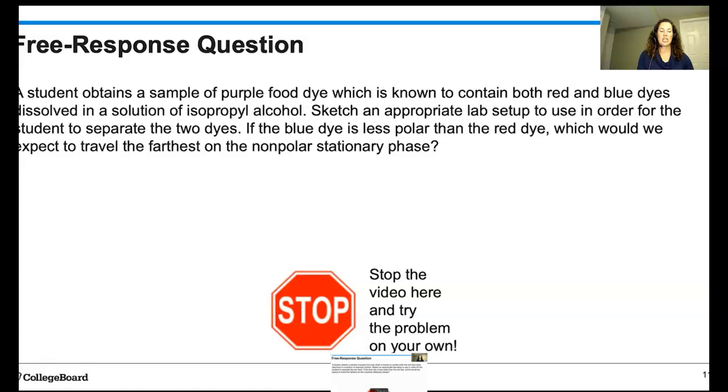I just need a sketch, so I can also tell you if your thought process is okay. Tell me why the blue has traveled less than red.